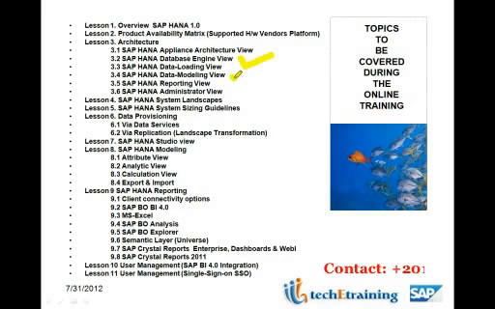Then data modeling is another area where we try and focus on the activated data models, right? The reporting and the administrator view. Then lesson number 4 is the system landscape.